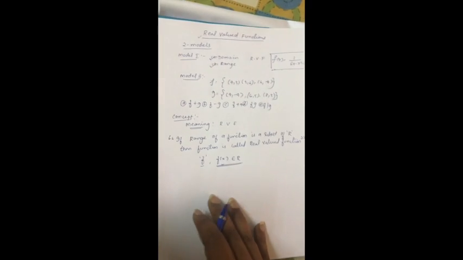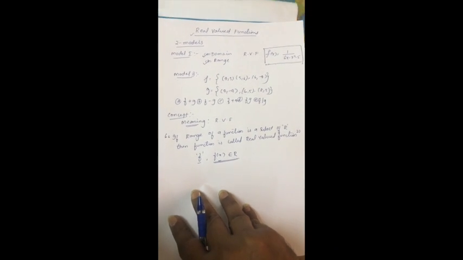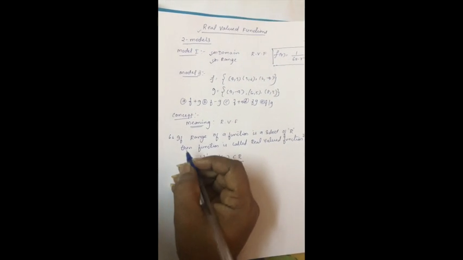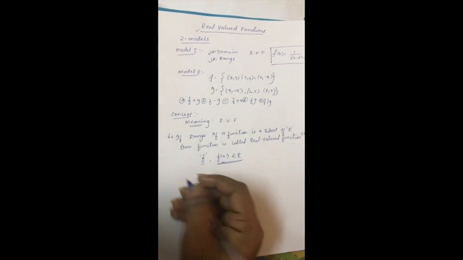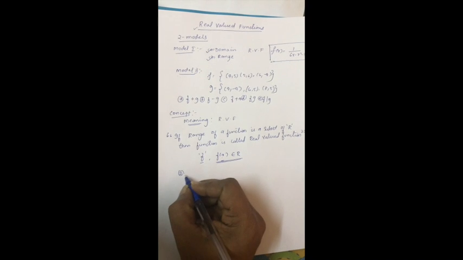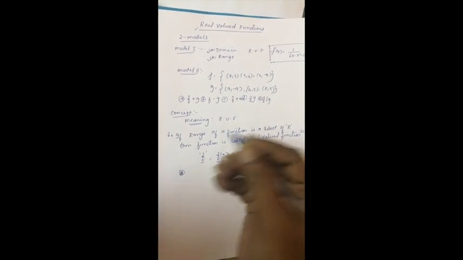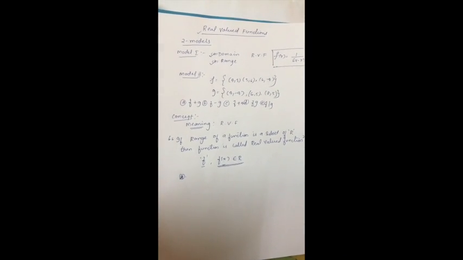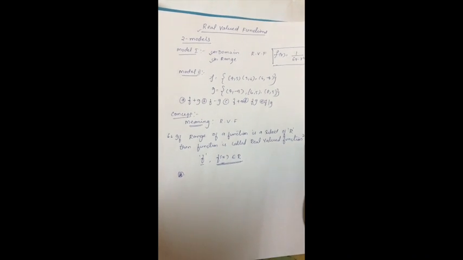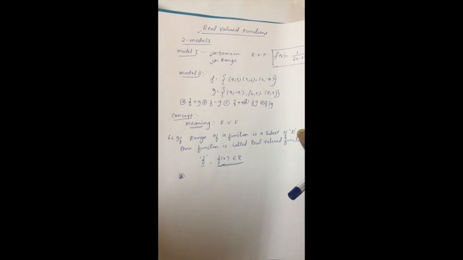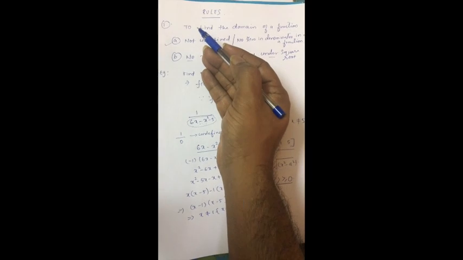Now, as we have seen, there are two models of problems here, right? Model 1 is finding the domain and range. For that there are certain rules to follow. So here is the first rule.